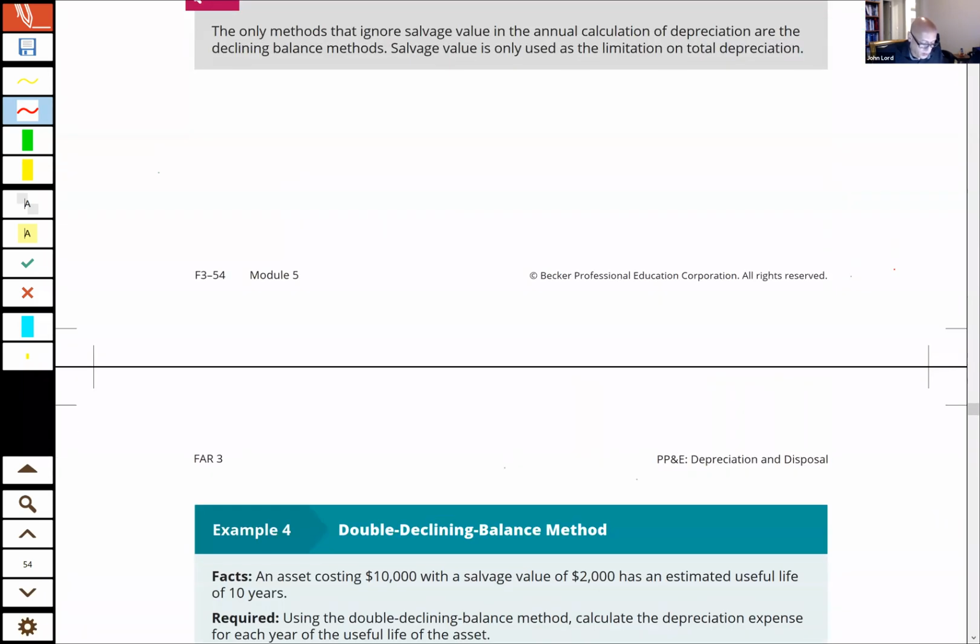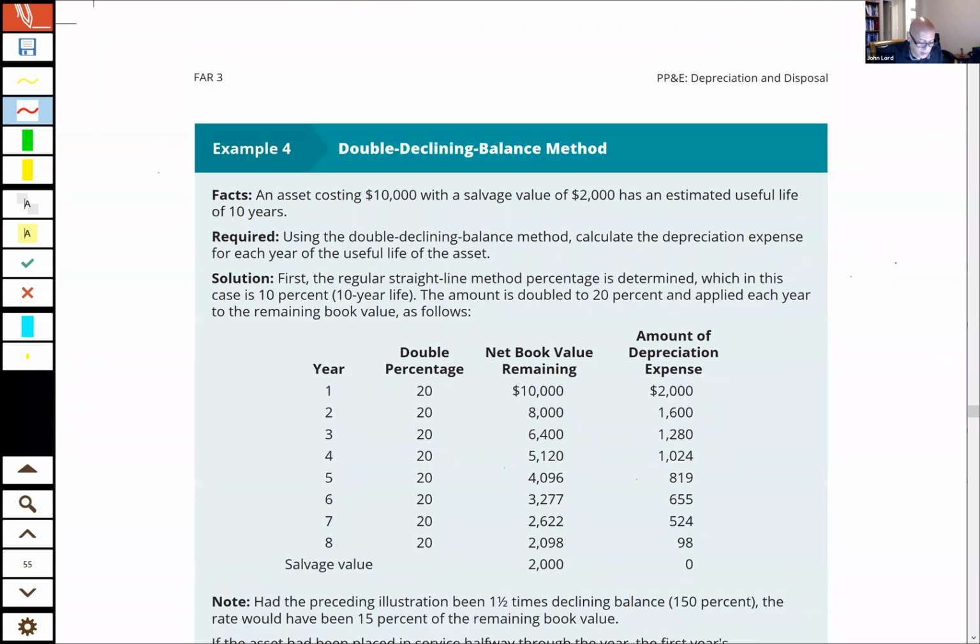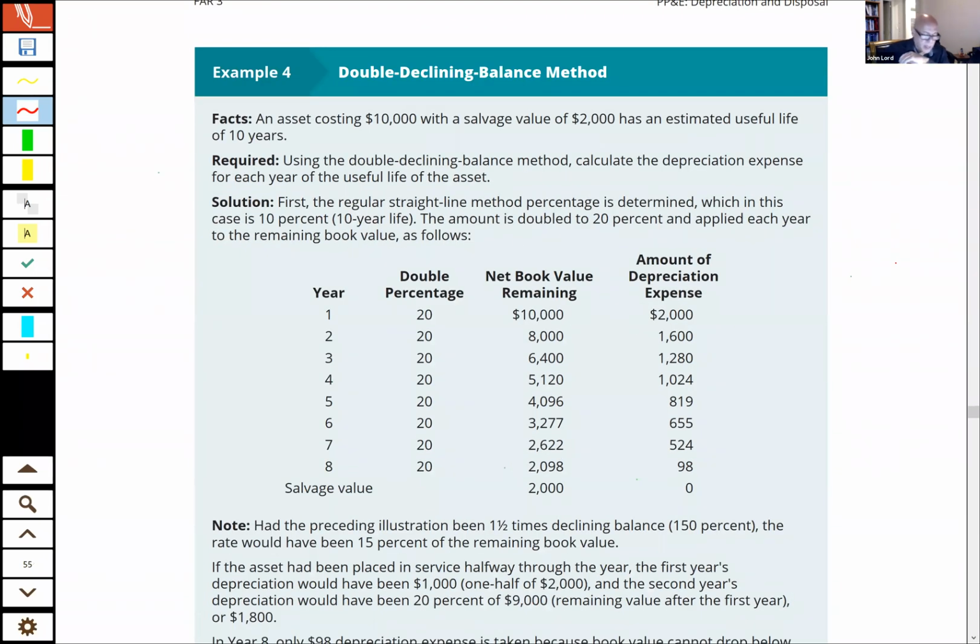Okay, good. So let's take a look at this example. We have equipment that has a $10,000 cost, $2,000 salvage value. It has a 10-year life, which means 1 divided by 10 equals 10%. And if I double that, that's 20%, right?